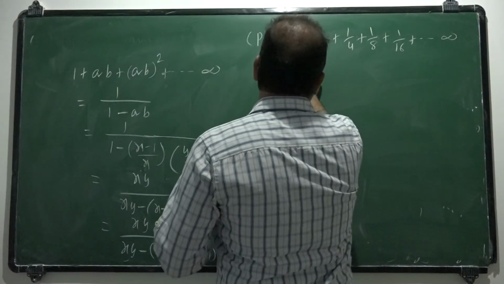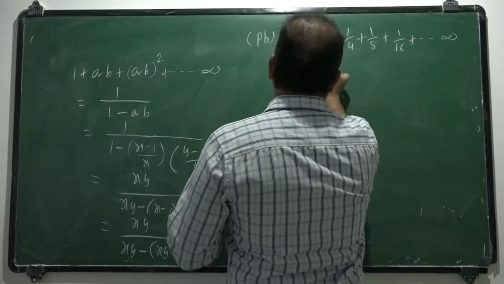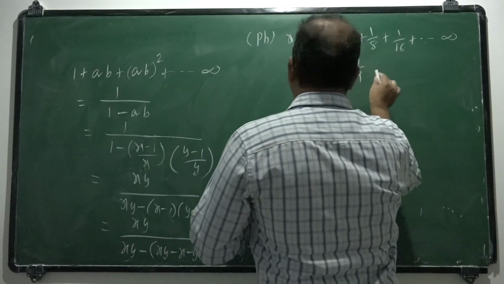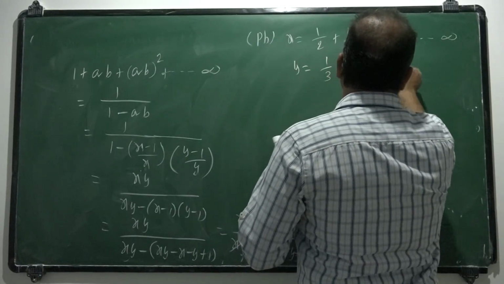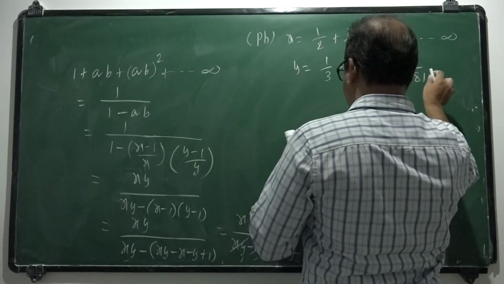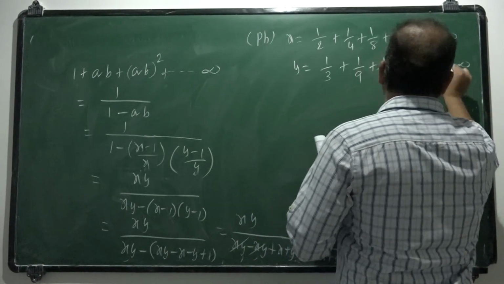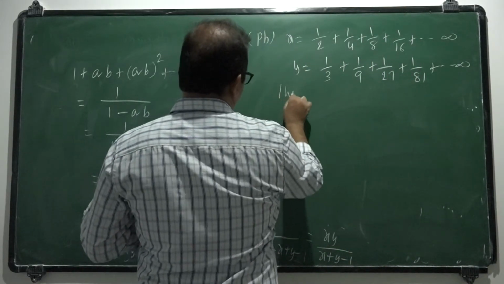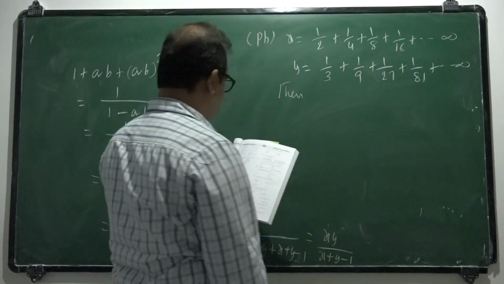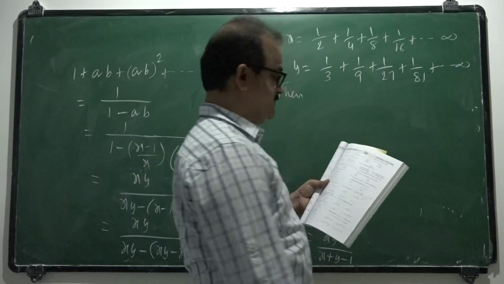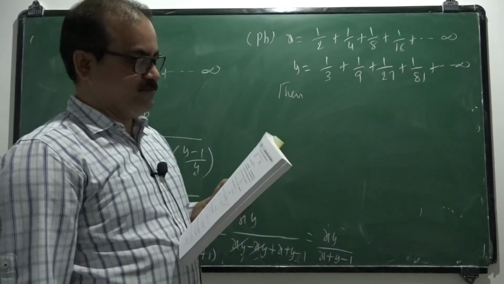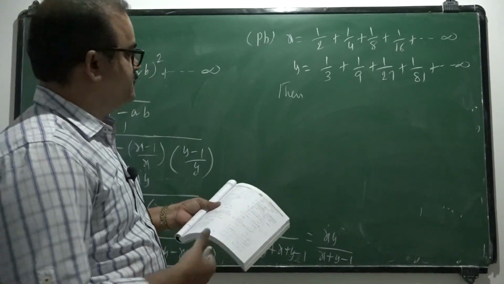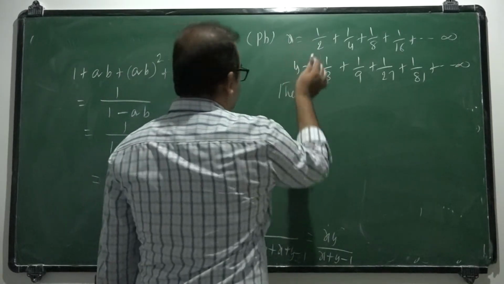Y is equal to 1 by 3 plus 1 by 9 plus 1 by 27 plus 1 by 81 plus so on infinity. Then some conditions are given: either x is equal to y, or 2x plus 4y is equal to 4. Verify the conditions. First we find the values of x and y.